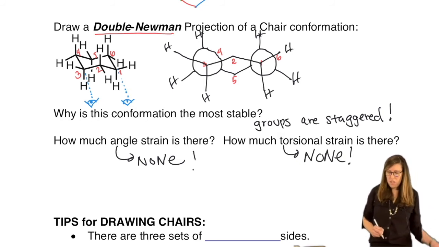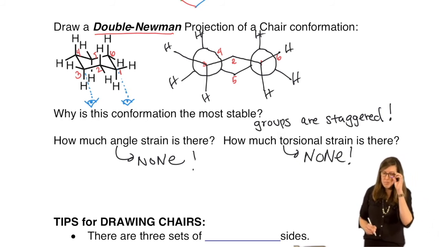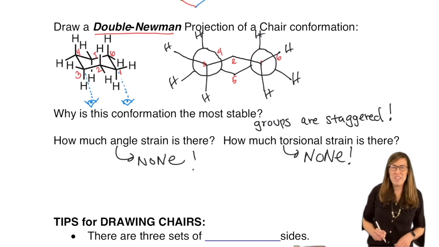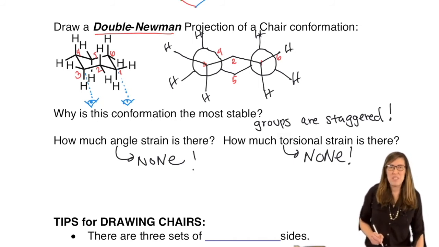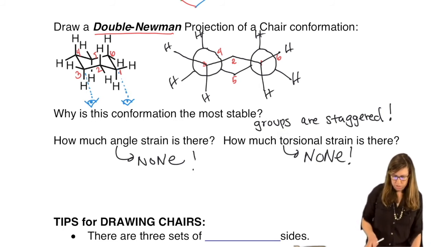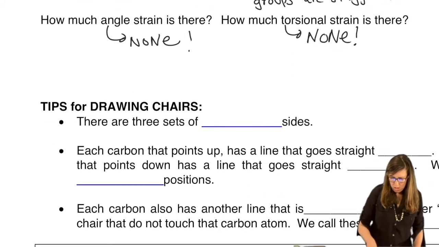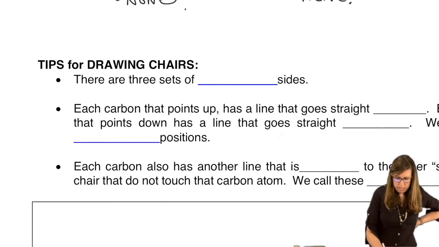All right. Now, this is a drawing heavy chapter, so you'll need to practice chairs like crazy. Let's get some practice. So, some tips for drawing your chairs. Chairs have 3 sets of parallel sides.